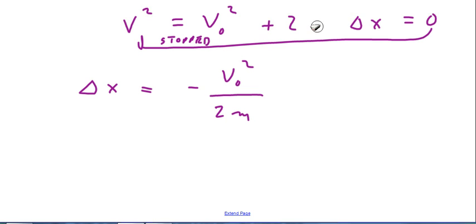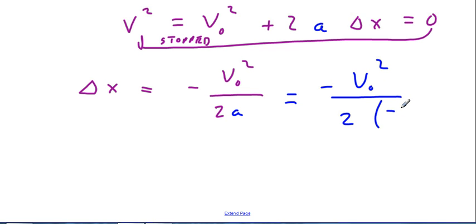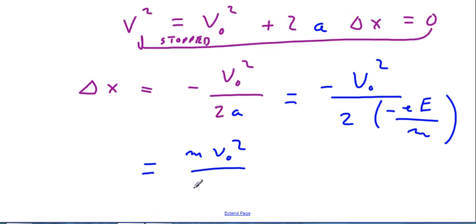That's an a. Everybody was telling me that that was an a too, and no one was paying attention. Alright, is that better? Minus velocity naught squared over 2, and I know my acceleration is minus E, capital E, divided by mass. So I end up, my distance is going to be m velocity naught squared divided by 2e capital E.